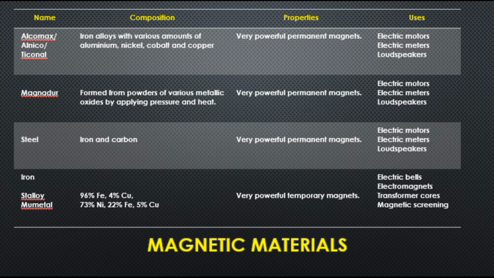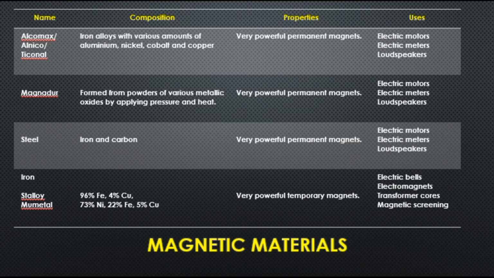Composition, 96% iron, 4% copper. Properties, very powerful temporary magnets. Uses, electric bells, electromagnets, transformer cores, magnetic screening.